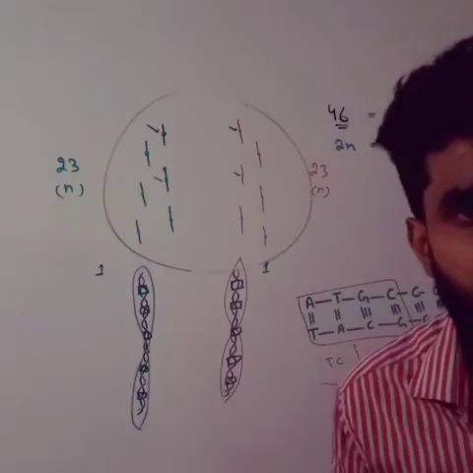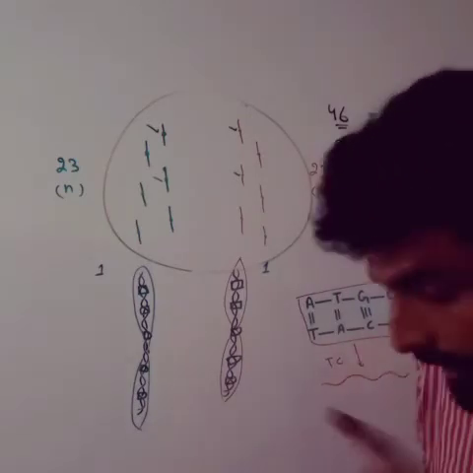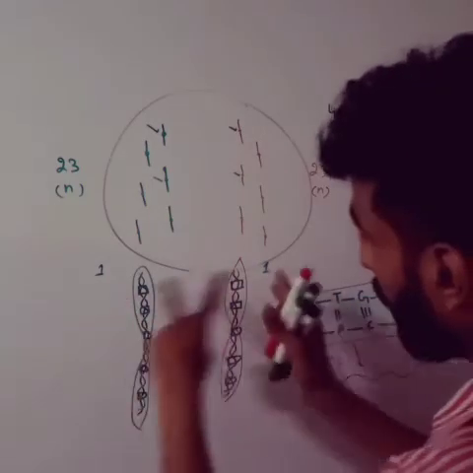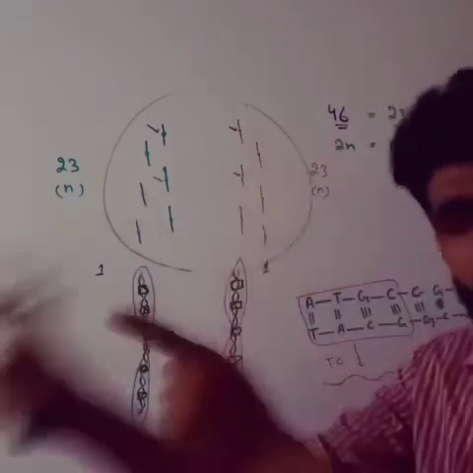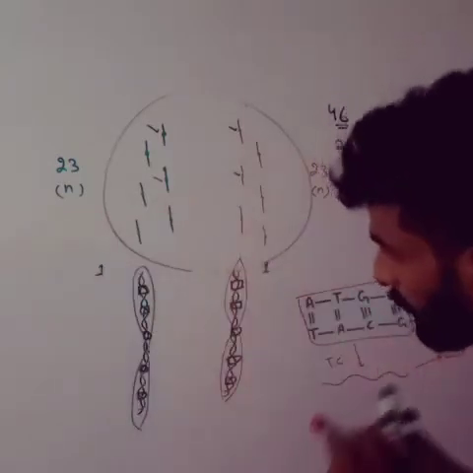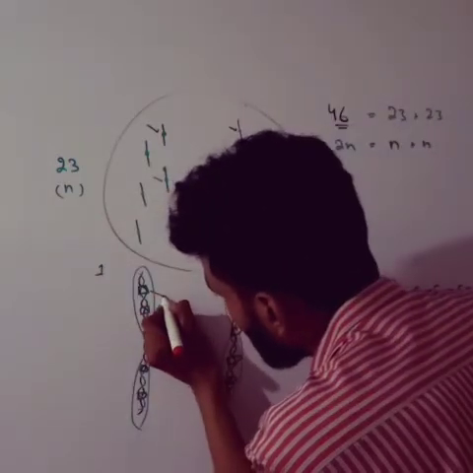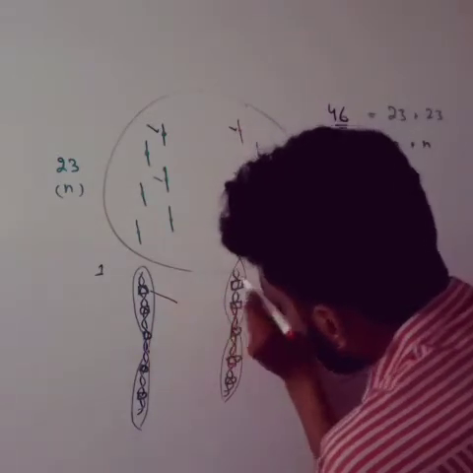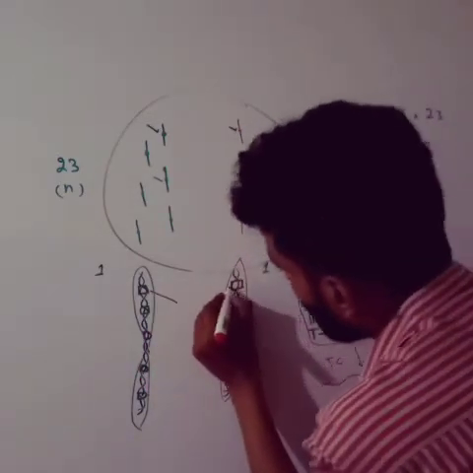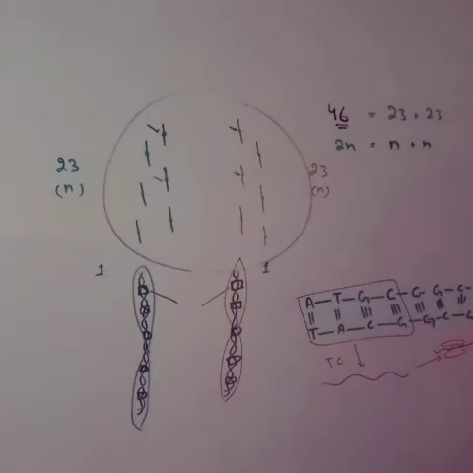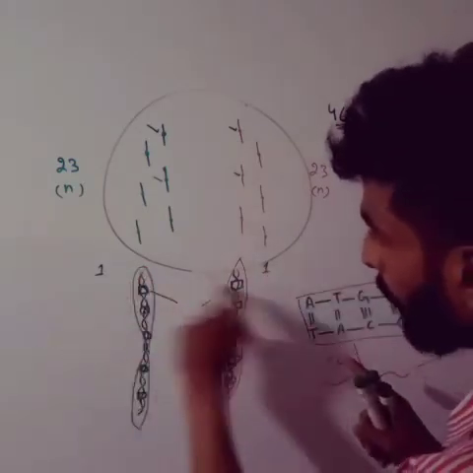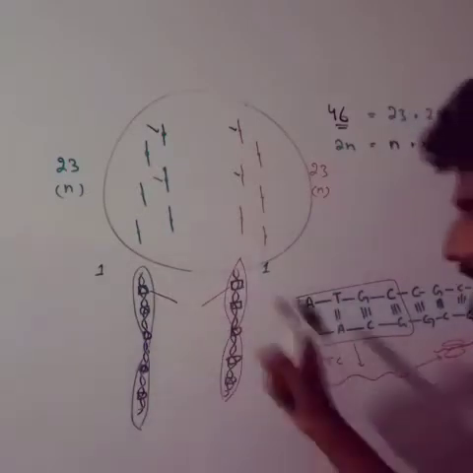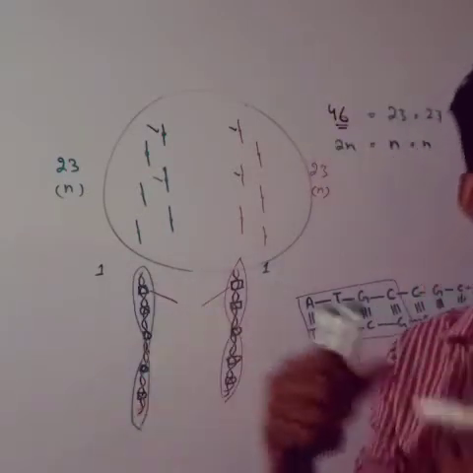Now what are alleles? Alleles are the genes present on homologous chromosomes at the same position, at the same locus. So here you can see this gene is present at the same locus at which this gene is present. The genes present on homologous chromosomes on the same locus, same position, are called alleles of each other.